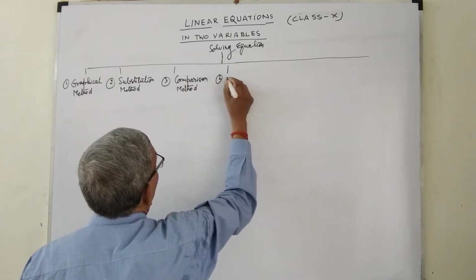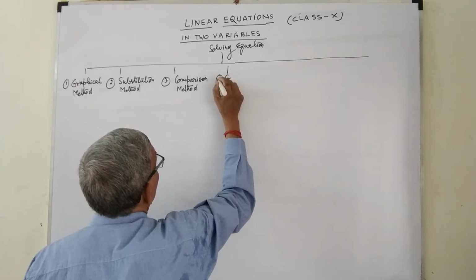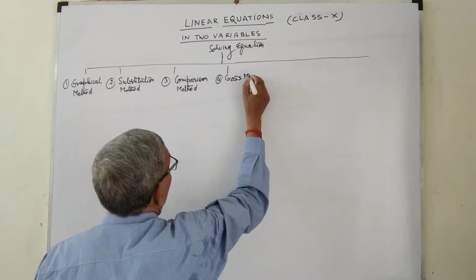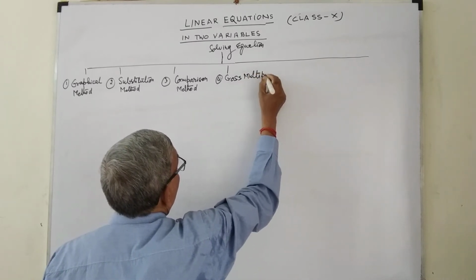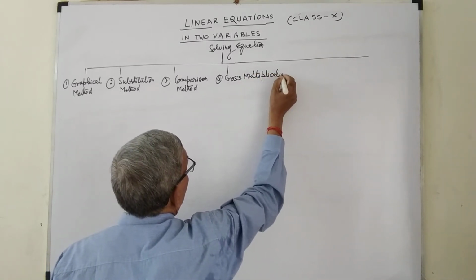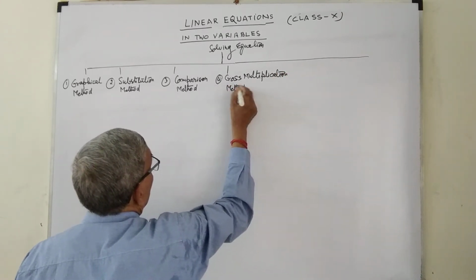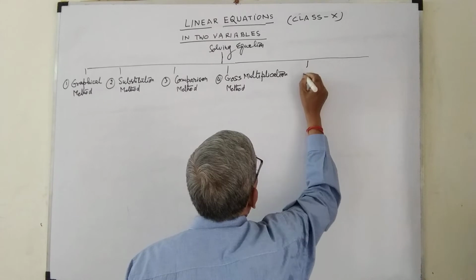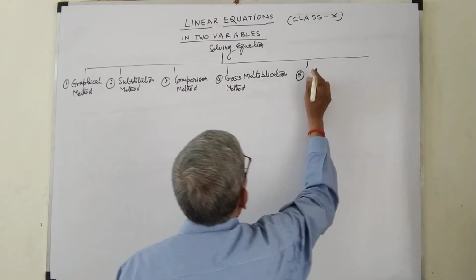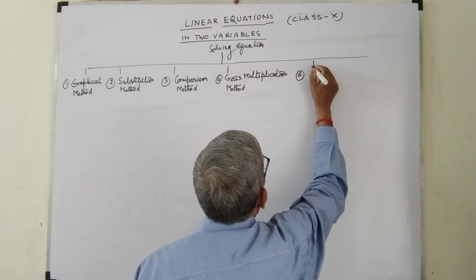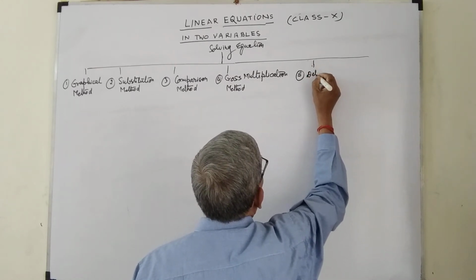Number four, cross multiplication method. Number five, this is determinant method.